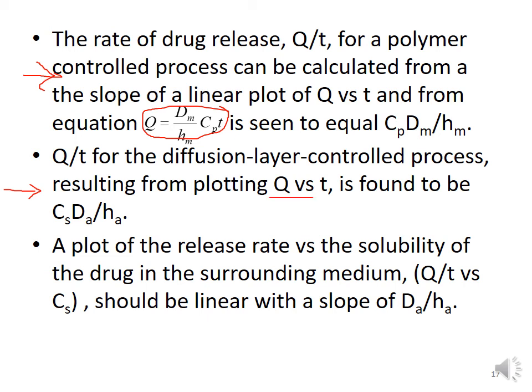The slope should equal CS multiplied by DA and divided by HA, the thickness of the aqueous diffusion layer. In an aqueous diffusion layer control system also, if we make a plot of the amount released per time versus CS, the slope should be a linear relationship equal to DA divided by the thickness of the aqueous diffusion layer.